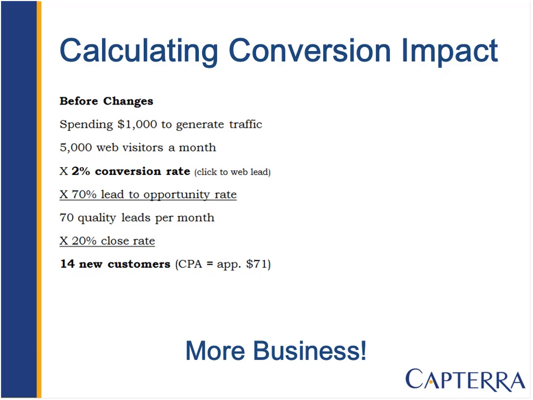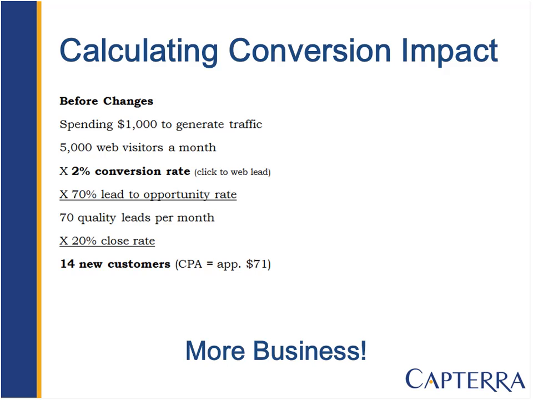You could certainly take this math and be plugging in numbers that are very relevant to you, to what you're seeing, because you're going to know what is the amount of web visitors that you're getting a month, how much are you spending to get traffic, and you can walk through this math yourself, which will be much more useful, but definitely want to just take an example and go through this. So I've come up with, let's say this software vendor is spending $1,000 a month to generate traffic. So they're getting 5,000 web visitors a month.